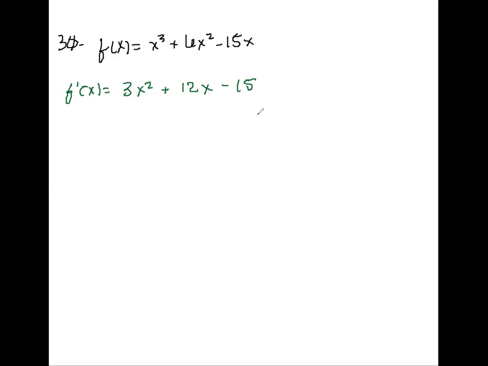What do I need to do with this in order to find the critical points? Exactly.